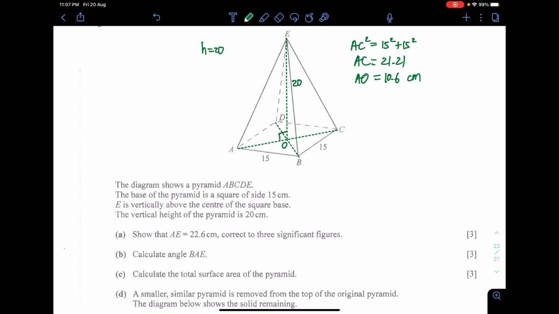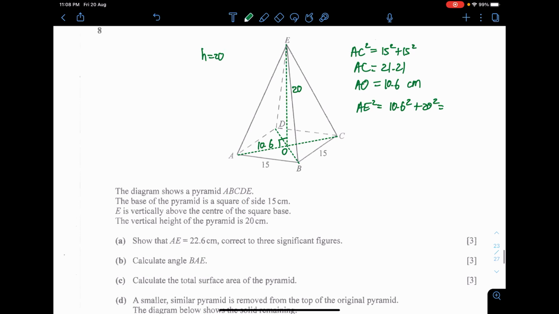Hence, to find AE, I just do Pythagoras again. AE squared is 10.6 squared plus 20 squared. I'll get 512.5, and then don't forget to square root it. 22.6.